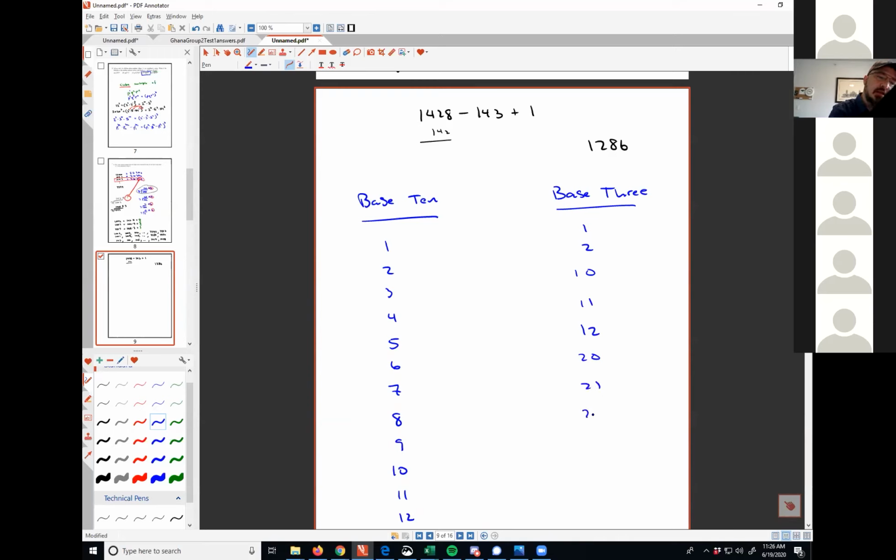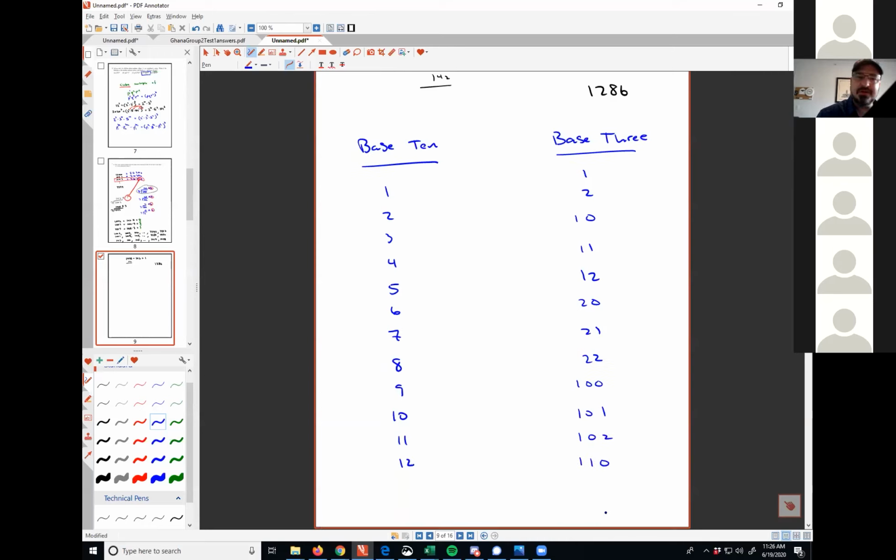We group by 3, and then we group by 3 again, and we're at a new digit place. So 12 is 1, 1, 0, base 3.